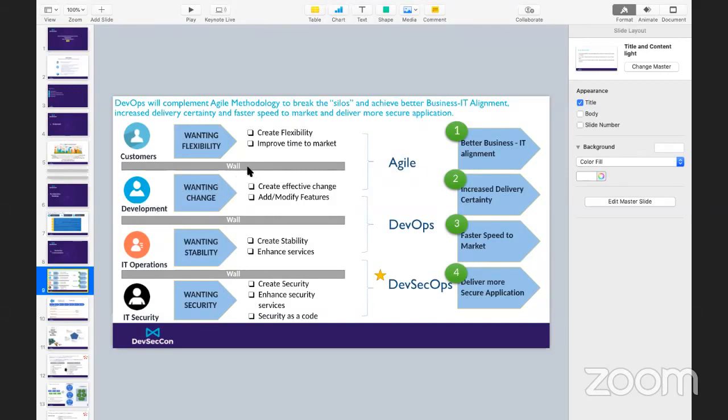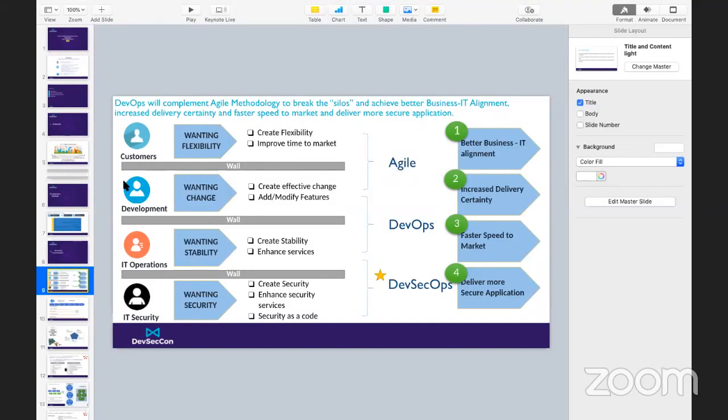They break down the wall. And what do they achieve? They only achieve point 1 and point 2. They have better business IT alignment between customer and development, and they can also increase delivery certainty because there are no barriers between customer and development.